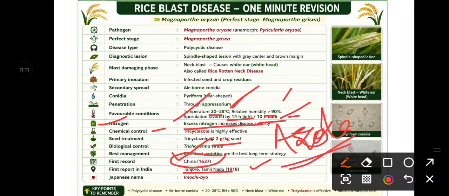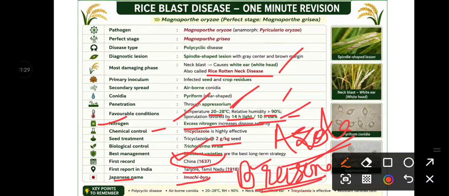Then also remember the other names for rice blast. We have already discussed, it is also known as rice rotten neck. Apart from this, the Japanese name of rice blast is Imochibyo. In Italy, it is also called Bruschone. Okay, so let's revise once again about rice blast.